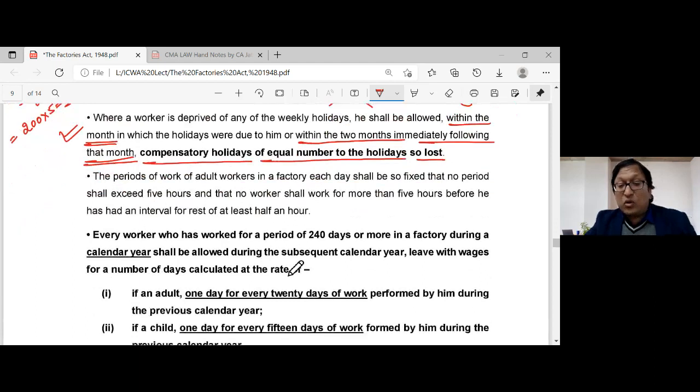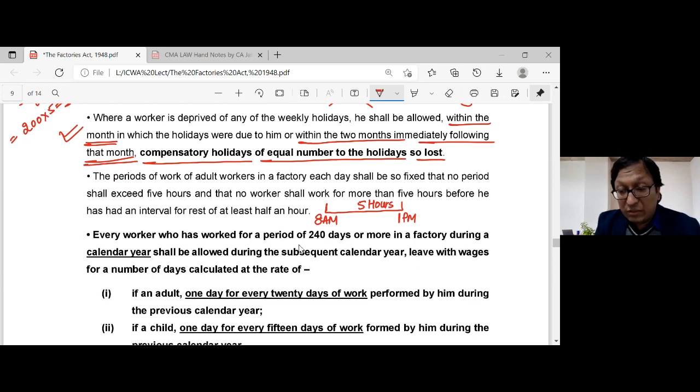Then the period of work of adult workers in a factory each day shall be so fixed that at a stretch, their work should not exceed 5 hours. Like a person is working in the factory at 8 a.m. in the morning. He must get a break at 1 p.m., because he has already worked for 5 hours.